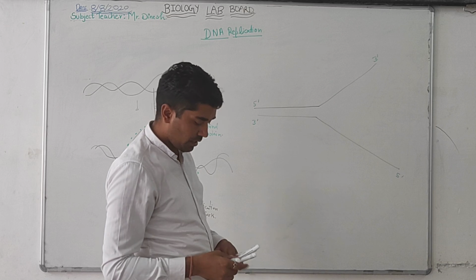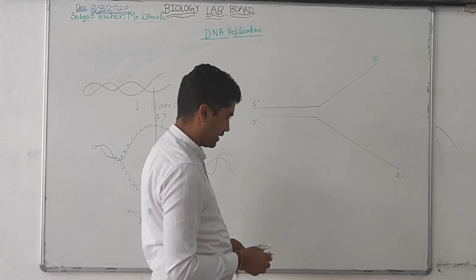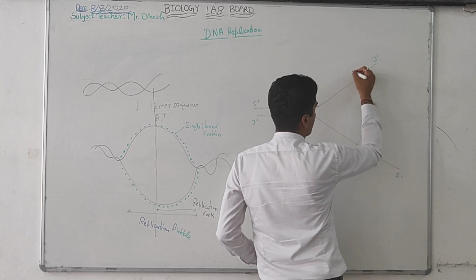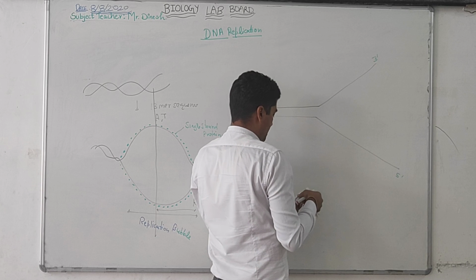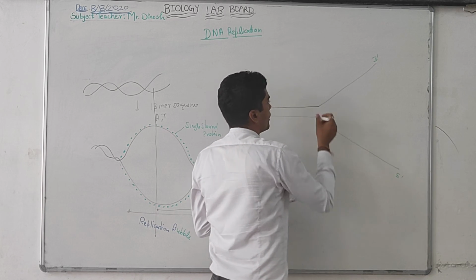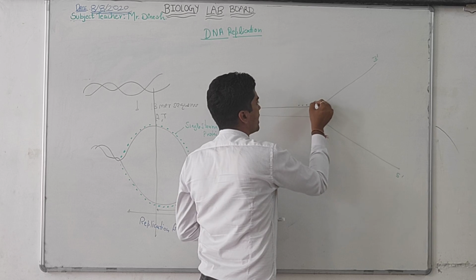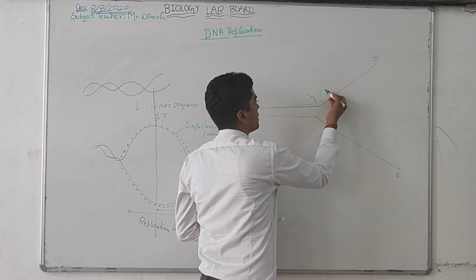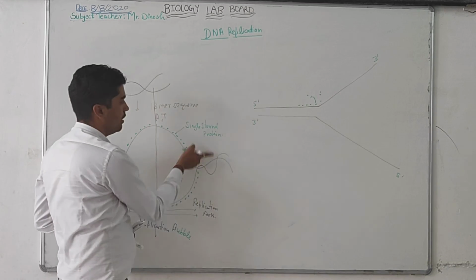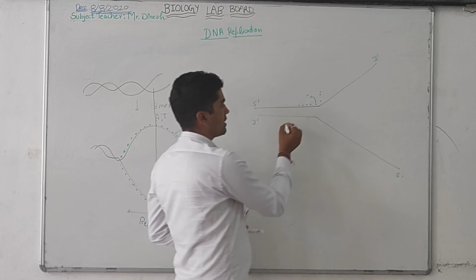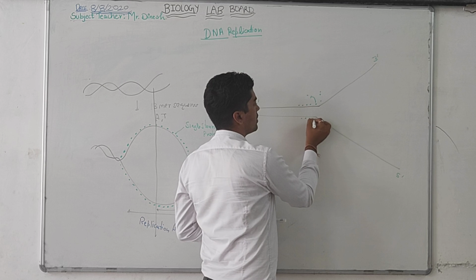Now come to the start of the replication. Whenever replication starts, this single strand protein will go away. As soon as this strand opens, single strand protein will go away.